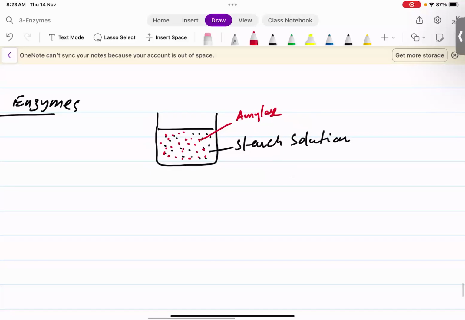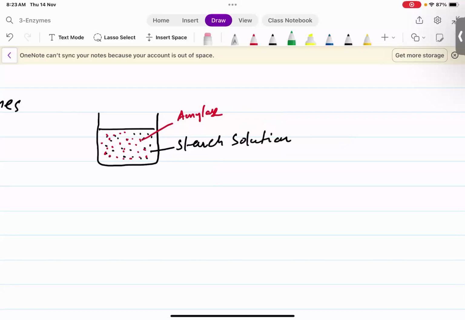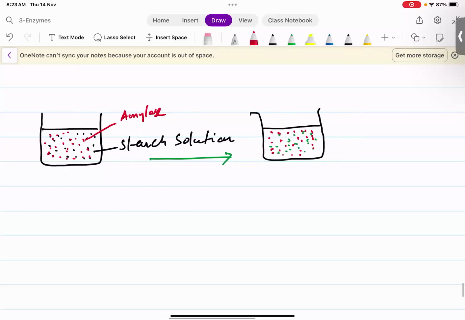The product made is maltose. So after some time, as this reaction is completed, starch is converted into the product, into the maltose. And still, these free enzyme molecules are there in this product.